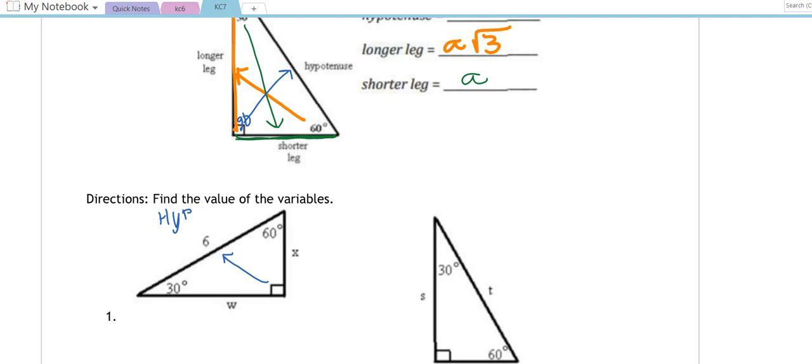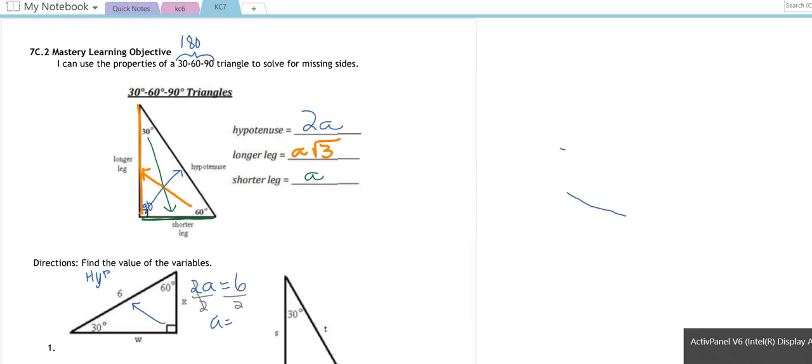So I'm going to start off with writing that and say that our hypotenuse is 2A, and 2A has to equal what my hypotenuse is, which was 6. Our hypotenuse in this example already tells us it's 6. So therefore, I just solve to get A by itself, which means I'm going to divide by 2 on each side. And A is going to equal 3.